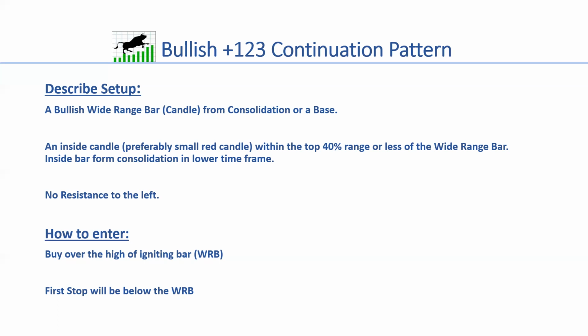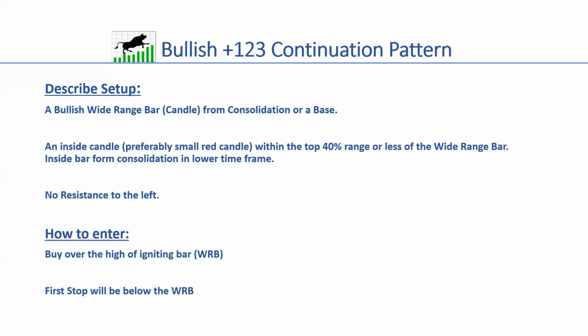And then the third bar is the continuation bar, which means that after forming the first higher low, the prices have again started moving up. After the third bar, we should also see that there shouldn't be any kind of resistance to the left. There should be a clear void.